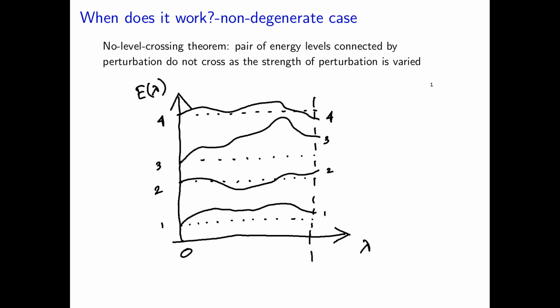Now, let us say I have a spectrum of my Hamiltonian, which is E of lambda, and that E of lambda is nothing but E of epsilon, and it has some energy levels 1, 2, 3, 4 which are non-degenerate, which means for each energy there is only one state.